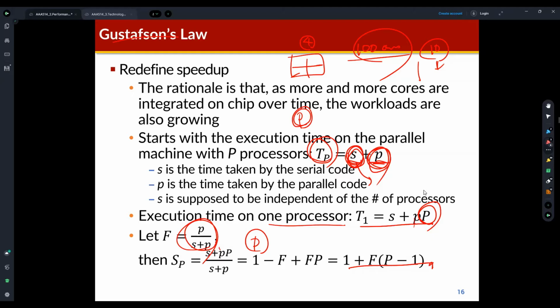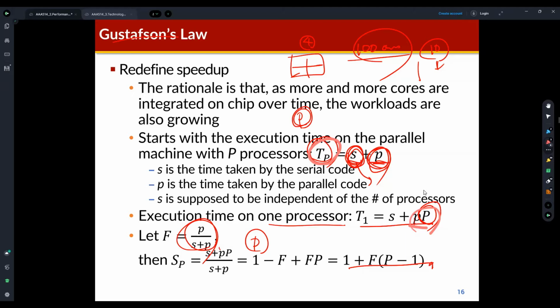So in Gustafson's law, this is the execution time. The execution time in Gustafson's law is also defined as the serial part and then the parallelizable part. But Gustafson assumed that this parallelizable part can be increased with the number of cores. That means the problem size can be changed.